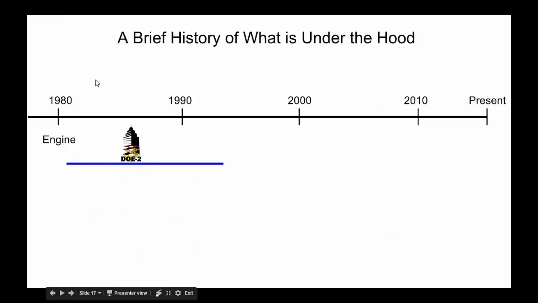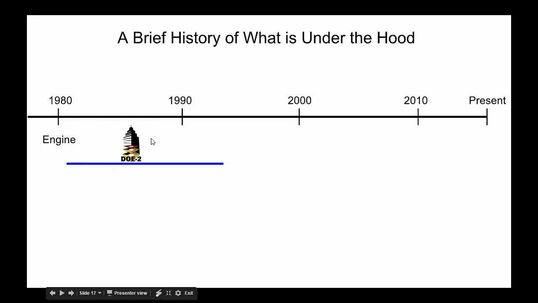And again, just a brief history of what's under the hood, because we're only going to take a very surface level view of EnergyPlus in this part. But really, EnergyPlus, I should point out, is an engine.